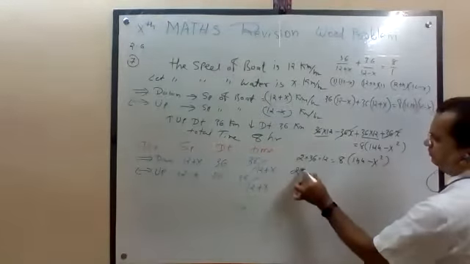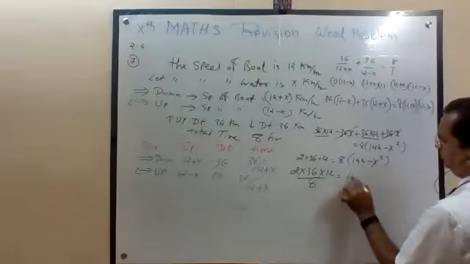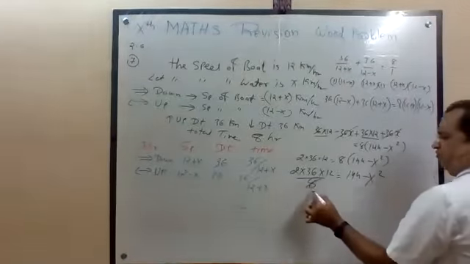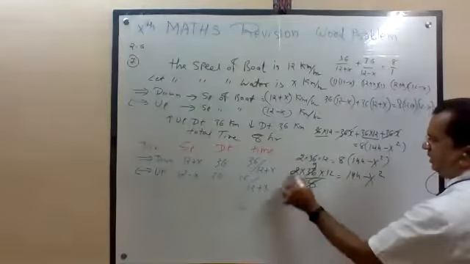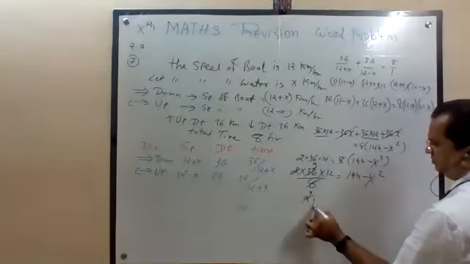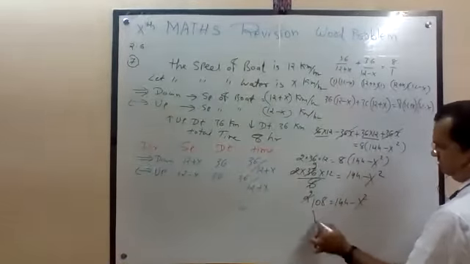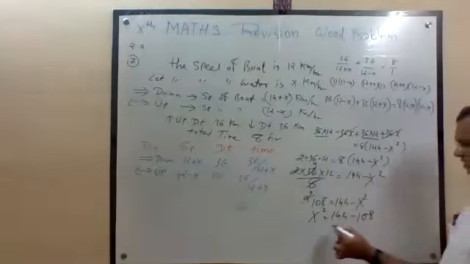This goes down. So 4 twos are 8, 4 nines are 36, 2 gets cancelled. 108 is equal to 144 minus x square. So x square is equal to 144 minus 108.